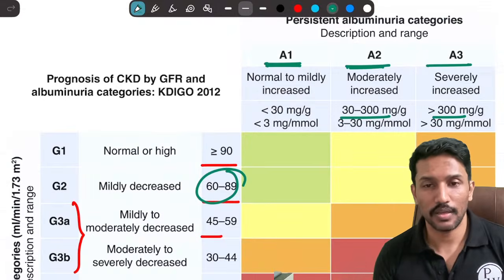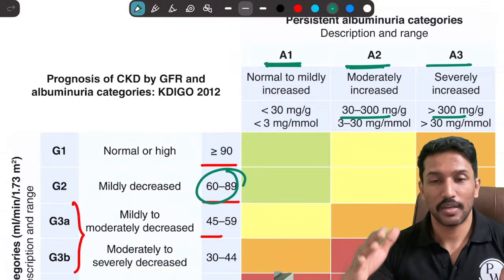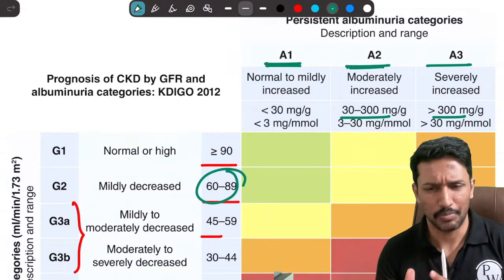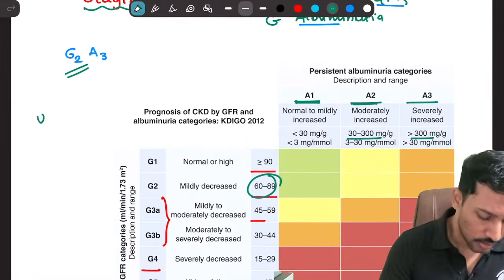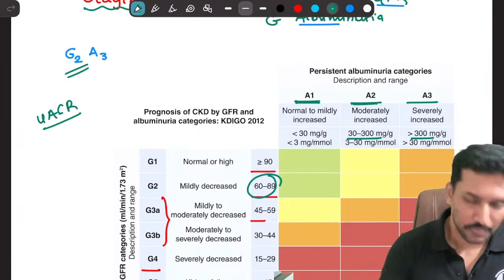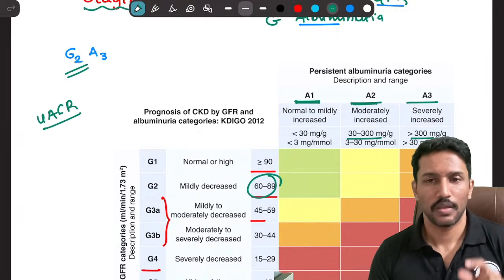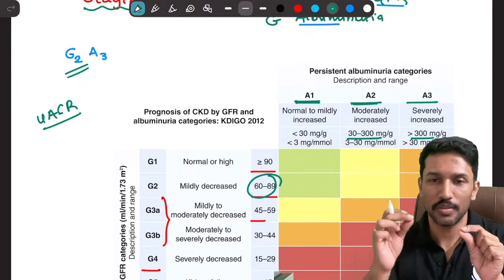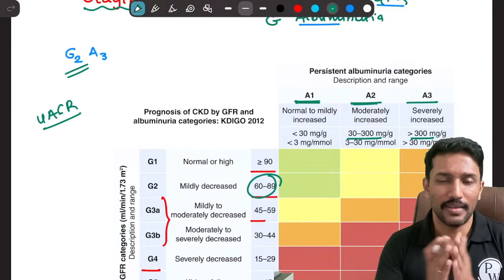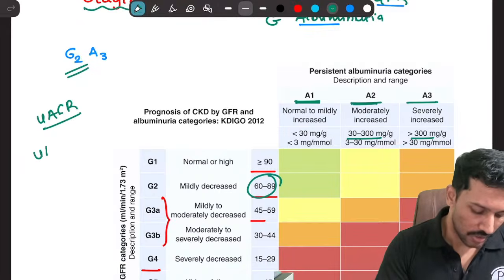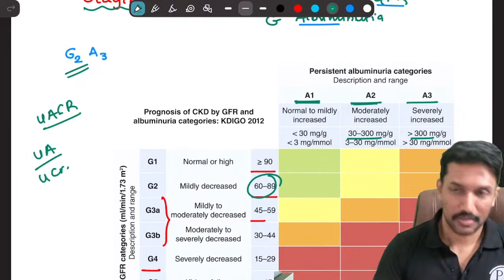Now this albuminuria can be either estimated by collecting 24-hour urine sample, which is cumbersome, or alternatively, you can calculate something called as urine albumin creatinine ratio. You just take a single sample, calculate how much albumin is there and how much creatinine is there in the urine, and then express it as a ratio like urine albumin divided by urine creatinine.